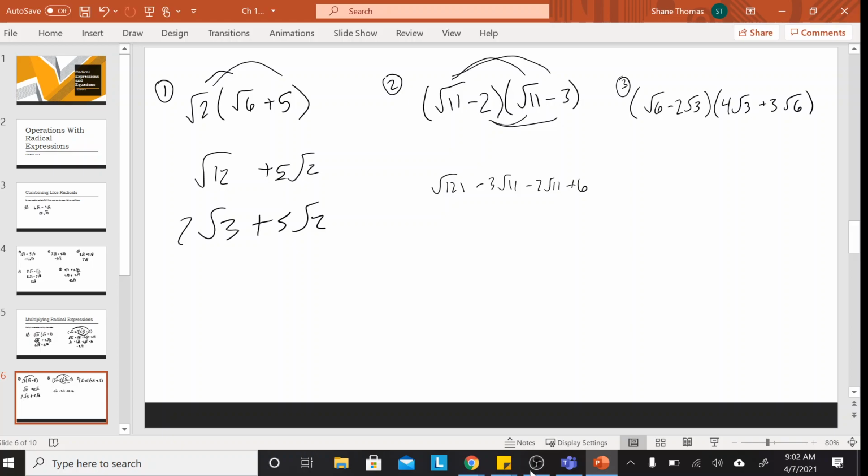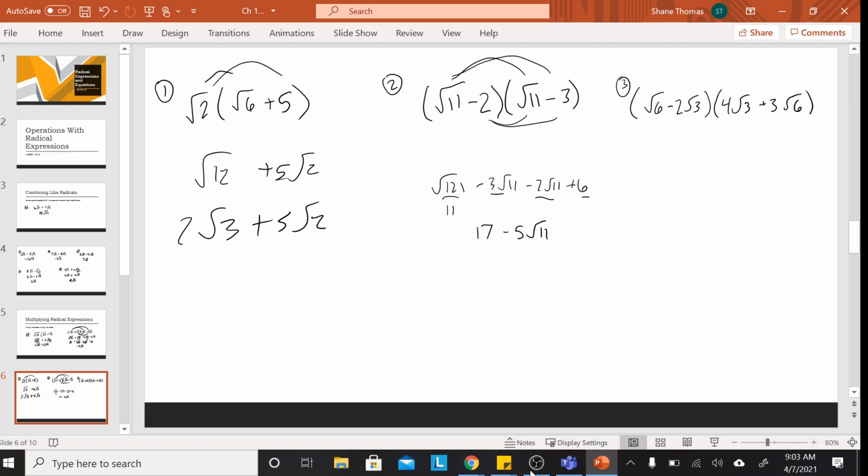So then from there, this becomes 11. This one and this one are like terms, aren't they? And then this guy's a 6. So I have 6 plus 11, which is 17. Negative 3 and negative 2 is negative 5. So we have negative 5 root 11. How many people got that one?